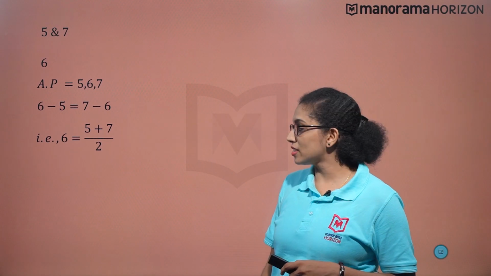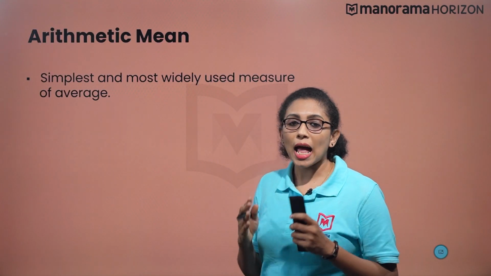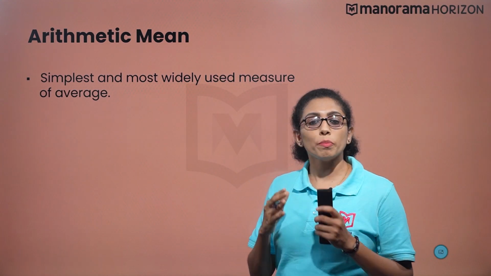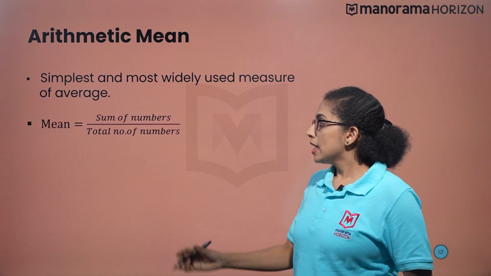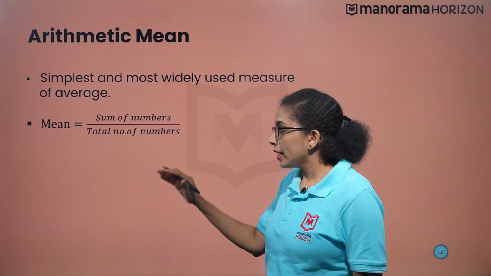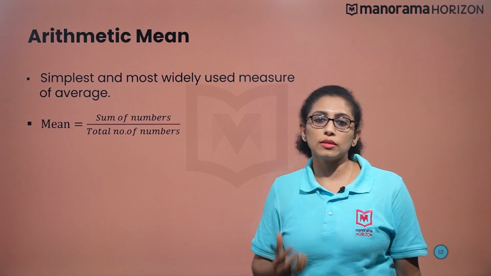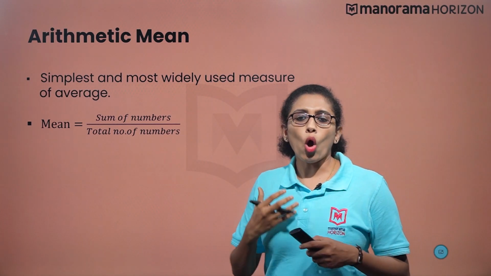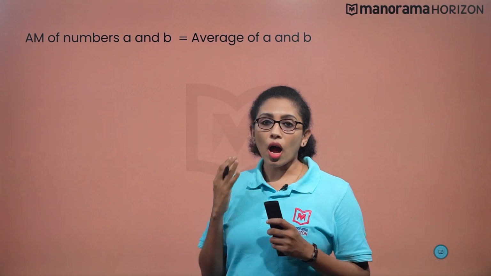Now, is this interesting? Right? Arithmetic mean is the simplest and most widely used measure of average. It simply involves taking the sum of a group of numbers and then dividing that sum by the count of the numbers used in the series. We may also interpret the AM of two numbers A and B as their average.